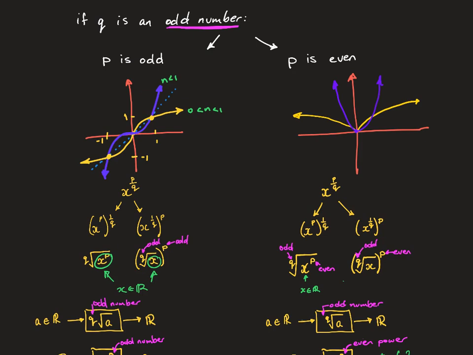Again, if the fraction itself is between 0 and 1, you get the root-shaped graph. And if the fraction itself is greater than 1, that one there should say greater than 1, you get the parabolic shaped graph.